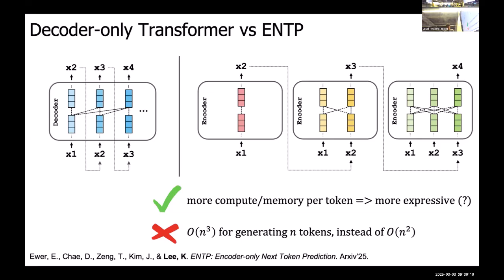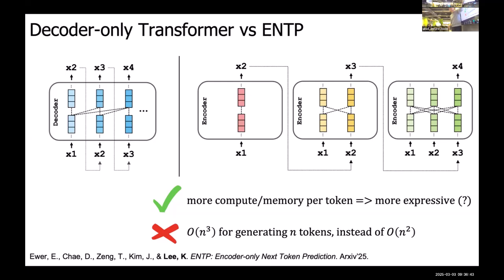The pros and cons are very simple. Pros: this is a much more flexible computing model. You have more compute, more memory per token, so potentially more expressive. Cons: you have to recompute the embeddings from scratch every time you see a new token. So computing time is no longer n squared, because there you're sharing the computation, so you can have n squared.